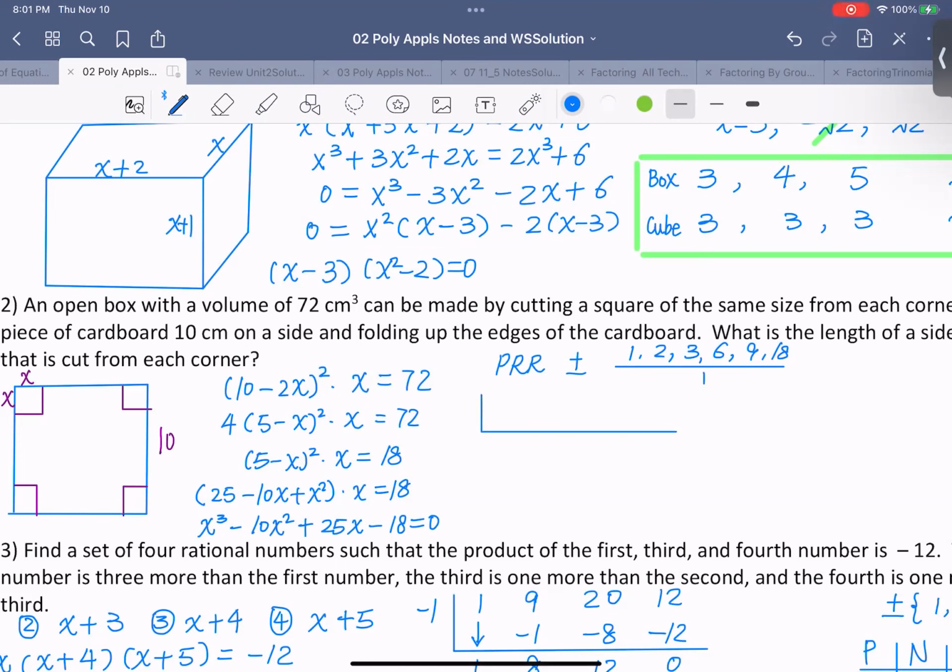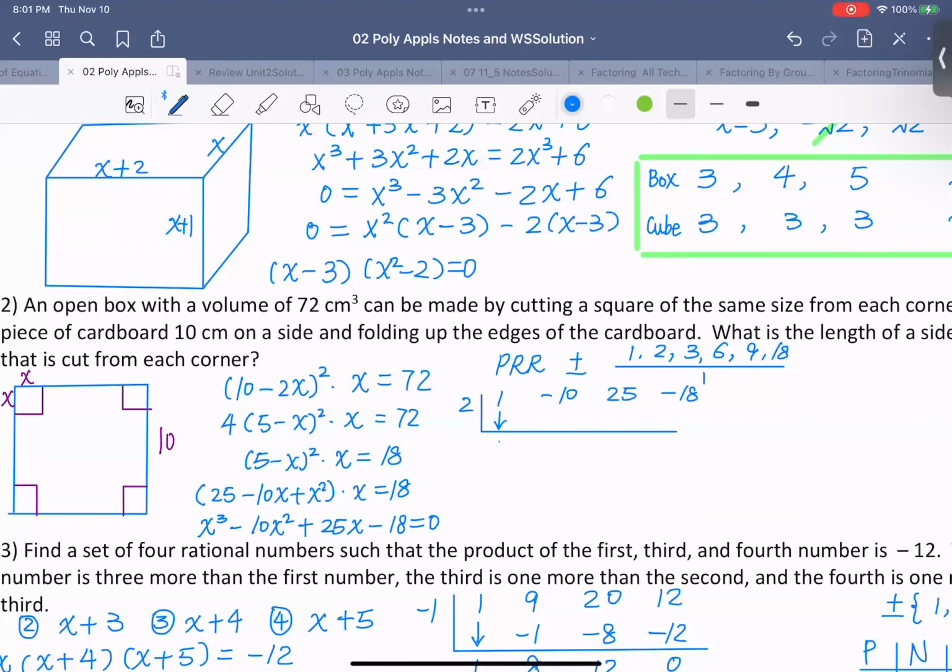So you want to first use 2? Yes. Why you don't use 1? You try 1. Look, we can try 1 here easily. 1 will not work, right? Yes. Okay, so let's try 2. And then this is 1, negative 10, 25, and then negative 18, right? Yes. Okay, then go ahead.